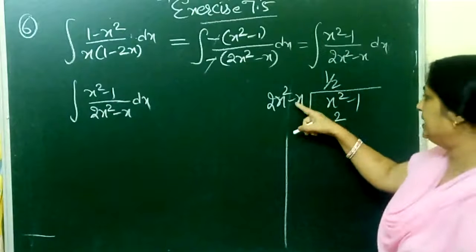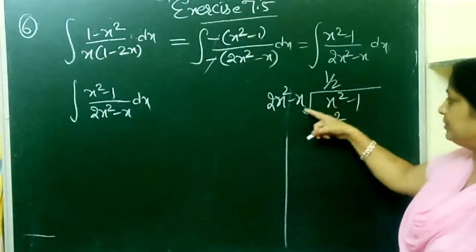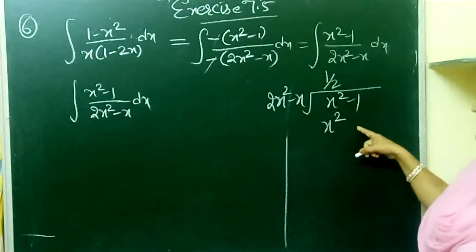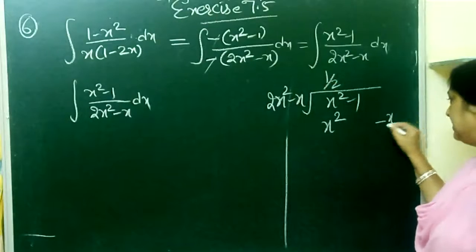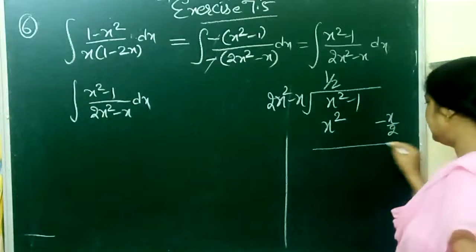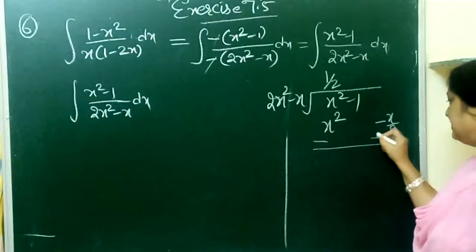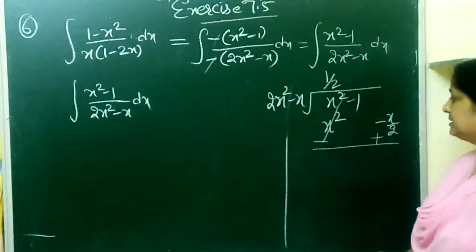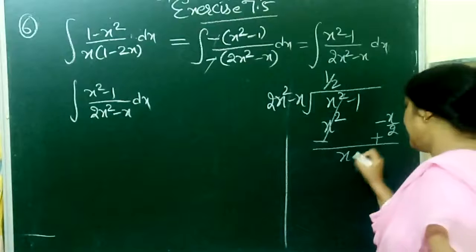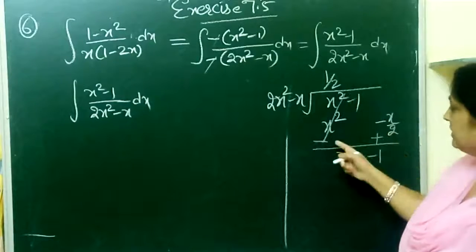And here minus x into 1 by 2, so minus x by 2 will come, and this minus 1 is a constant term. After that we will cancel this term, change the sign, here plus then minus, here minus then plus. So this term is cancelled. What is left here? x by 2 and this minus 1.